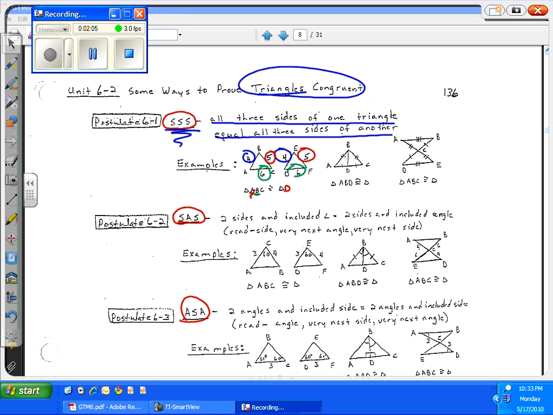I circled it in green. Opposite the 6 in the second triangle was E, so B must be equal to E, so E goes in the middle.